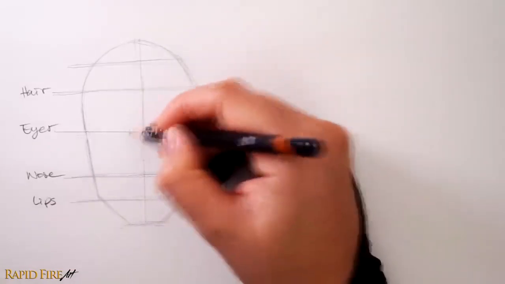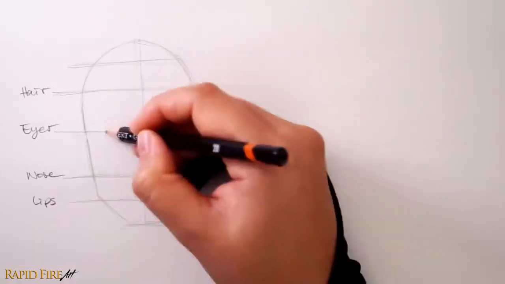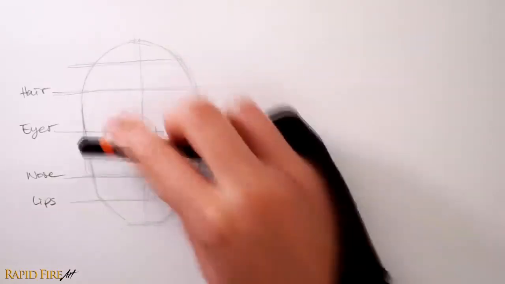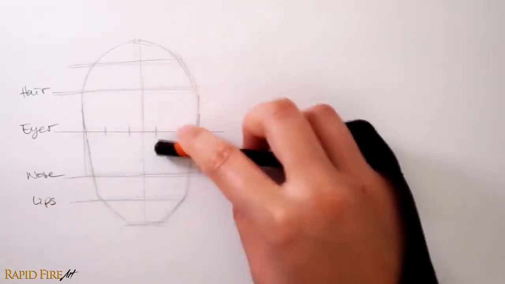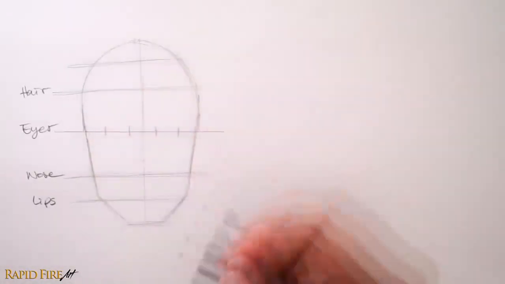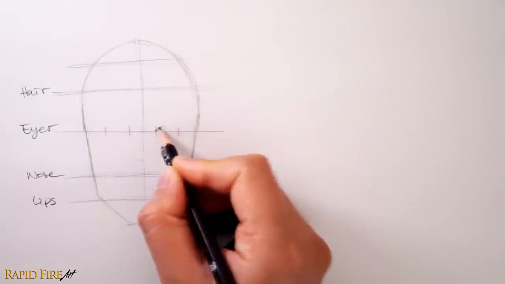On the eye line, split your face into 5 equal sections, taking the full width of the head into account. Draw your eyes in the appropriate spaces.